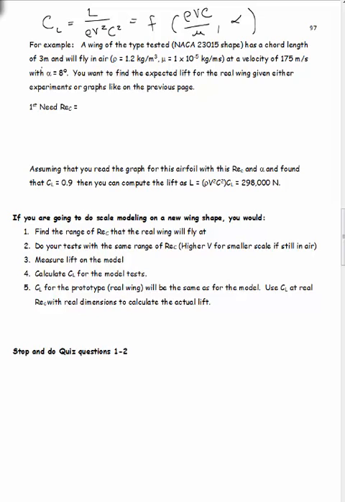It's going to fly in air, and it has a chord length of 3 meters at a velocity of 175 meters per second and 8 degrees. We want to find the expected lift for the real wing given our experiments or graphs.